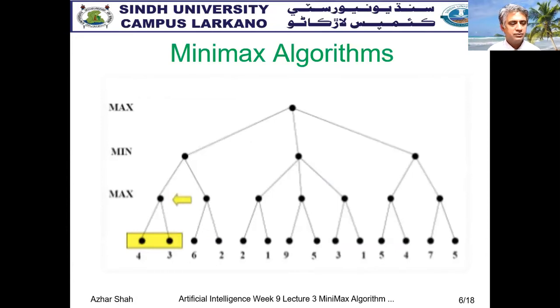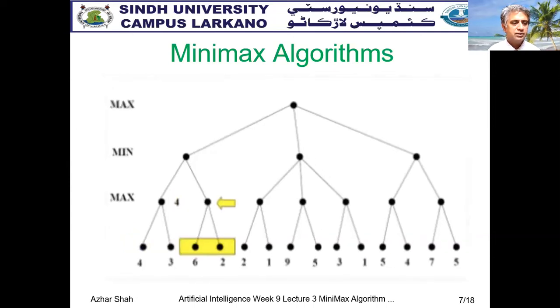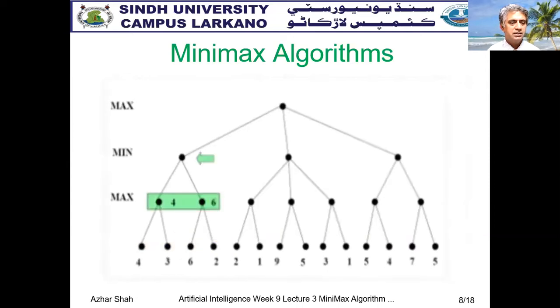It means agent 1 or player 1 has the score of 4, and the other player has the score of 3. So we would be taking out of this the maximum, who took the maximum score, and the maximum score is taken by the node 4. So 4 is selected, and then we move to the next branch, and from this 6, as you can see, is the maximum score.